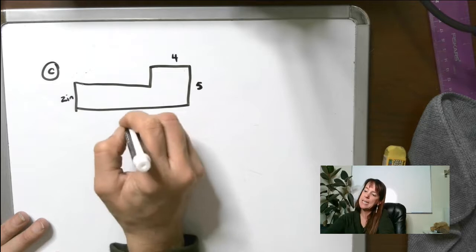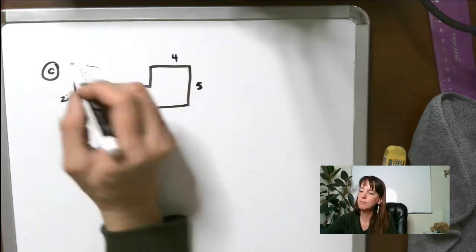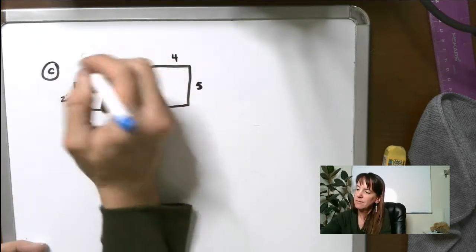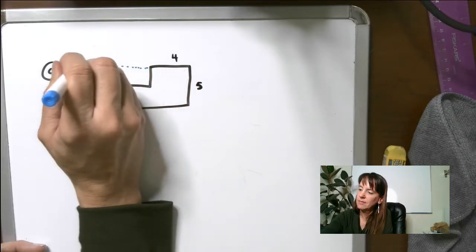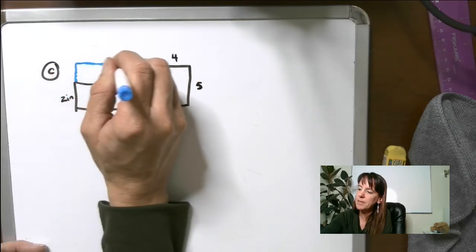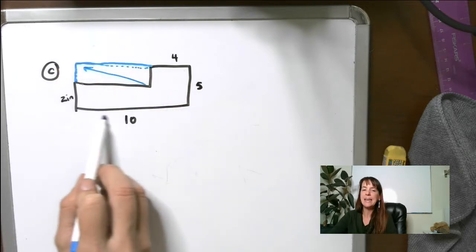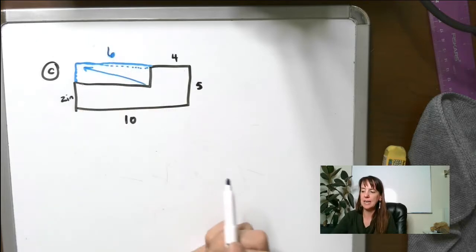5, and 10. Again, let's imagine we take this guy and we pop it out right to here. Right, we pop this guy all the way out to here. Well, this is 10 down here. This is 4 plus 6 would give us 10, right?